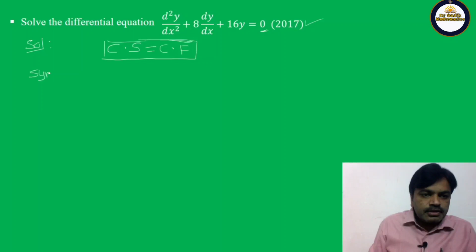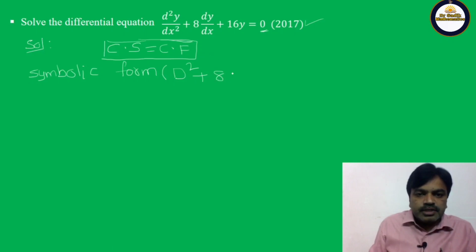Symbolic form. D square y by dx square can be written as D square plus 8D plus 16 of y equal to 0.